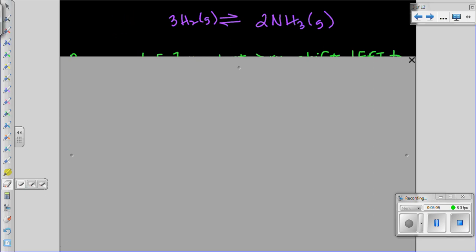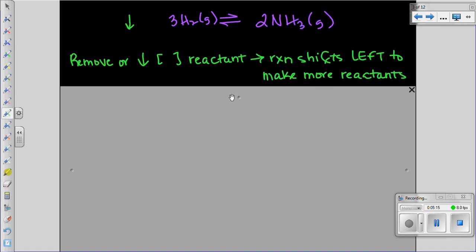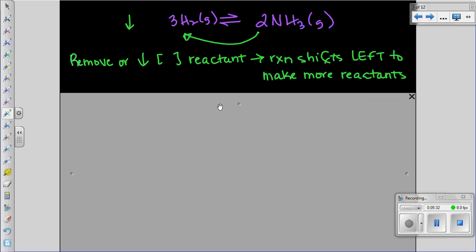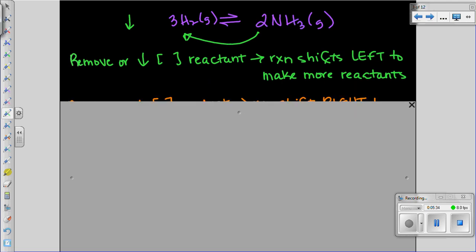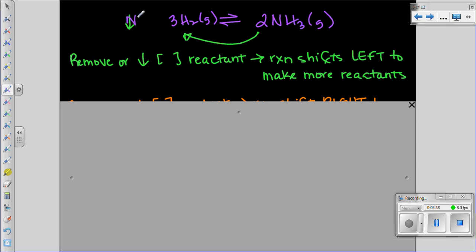So what has happened is our amount of nitrogen has decreased. That stresses the reaction. Because I decreased the concentration of a reactant, the reaction is going to shift left to make more reactants. The opposite will happen if I add nitrogen back in.